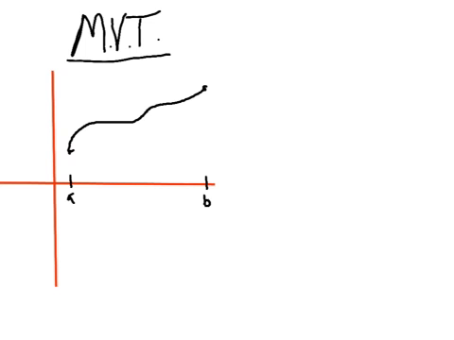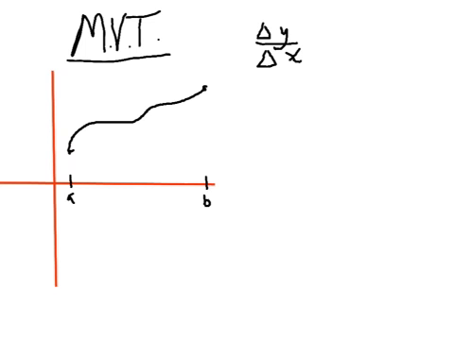So the way to go about this is first and foremost to figure out the average slope from A to B. If we remember that average slope is the change in y over the change in x, rise over run, that's really how we find it. It's quite simple. And the way to do this graphically is just to draw a line from one point to the other.